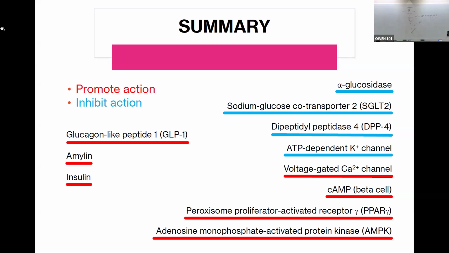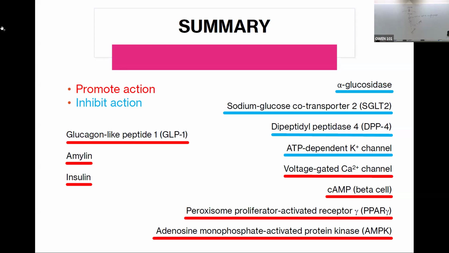So first, alpha glucosidase, that's inhibit action, meaning if you have good alpha glucosidase it will increase blood sugar level, right? And then SGLT2 will increase sugar, right? Because you reuptake, recycle.